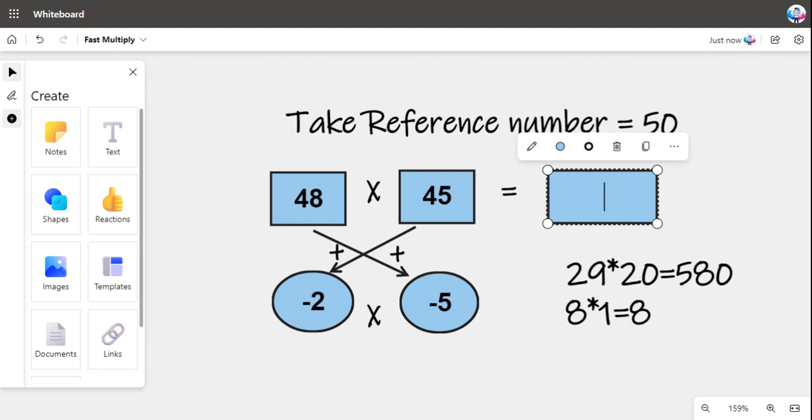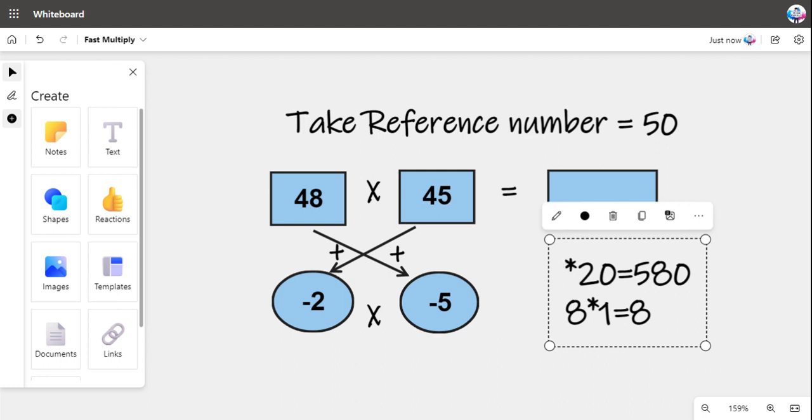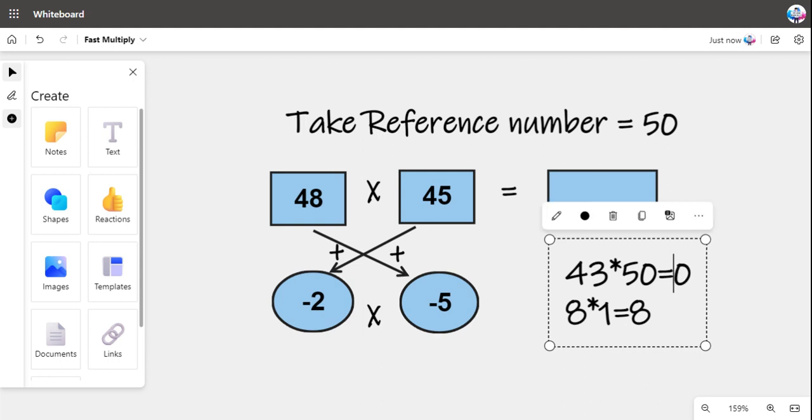So 48 minus 5 and 45 minus 2, the answer will be the same, 43. So 43 into 50, the output will be 2150.